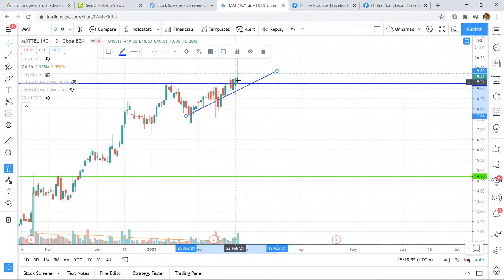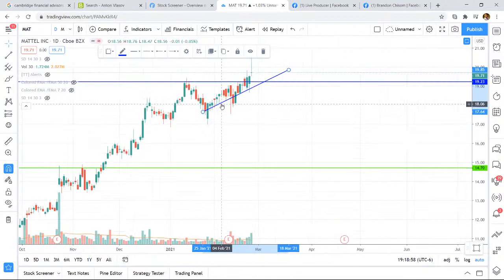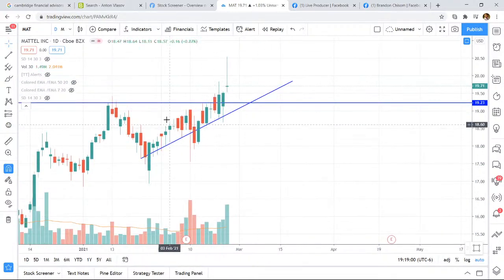And like I said, when you get to the pinnacle or the apex or the corner of this pattern, that's when you want to start paying attention, because this is saying that when buyers take this stock up to this line, the sellers push it back down and the buyers push it back up.